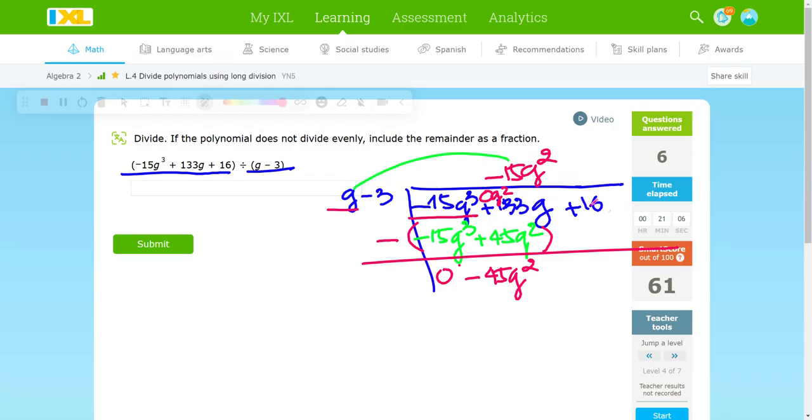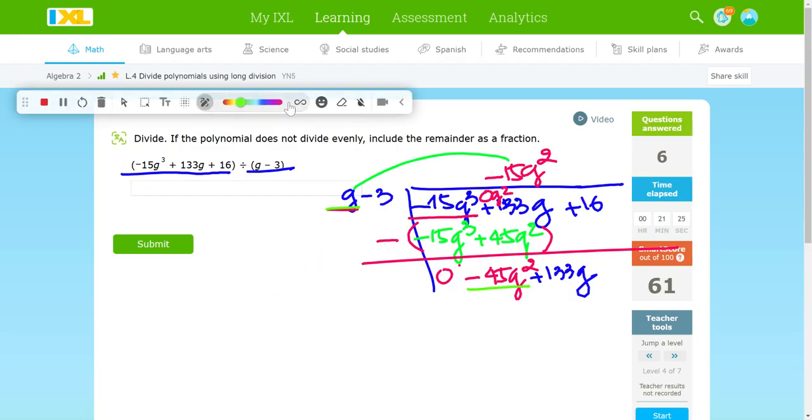Now, move it down, should be 133g, okay? 133g, I move down, okay? So here we go. So now we start the whole thing over again. But this time you take negative 45g squared divided by g, okay?